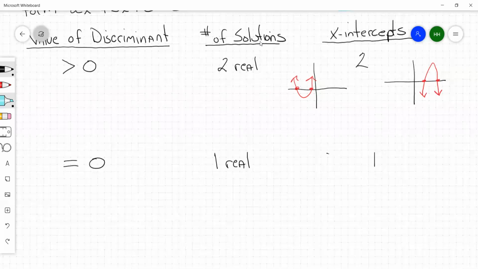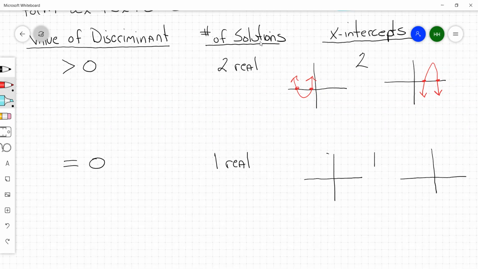And what those graphs may look like could look like any of these. All right, look, it goes down and the vertex is right on the x-axis. So there's your x-intercept. The graph could also open down.